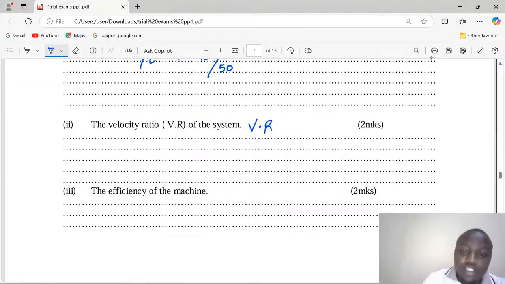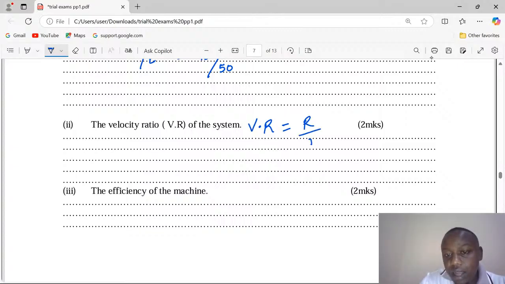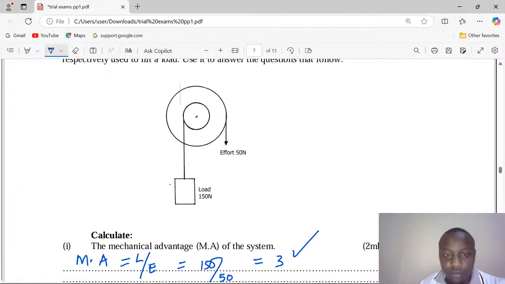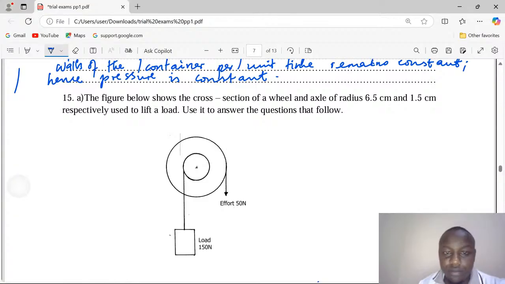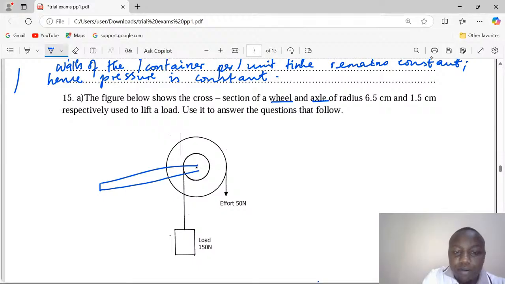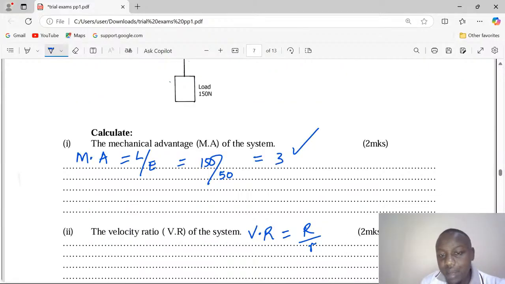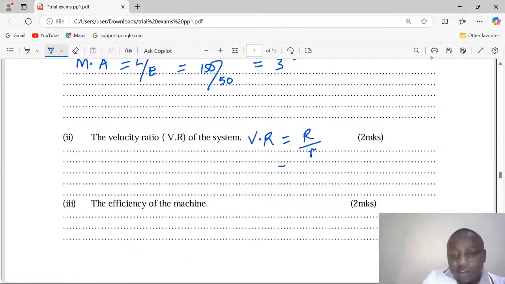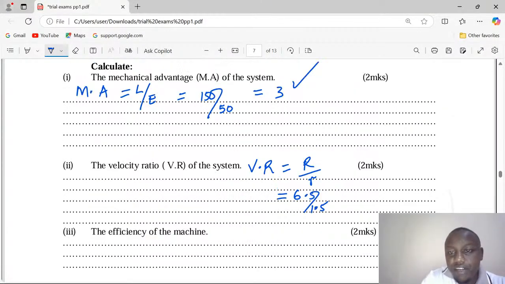We are done. 2, the velocity ratio. Velocity ratio in a wheel and axle is usually given by the radius of the bigger wheel over the radius of the axle. The axle has a radius, and the wheel also has a radius, 6.5 and 1.5 respectively.